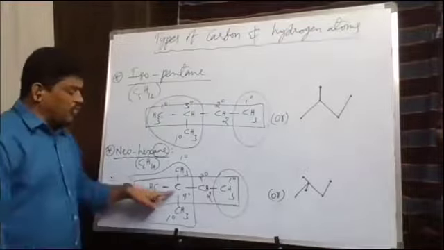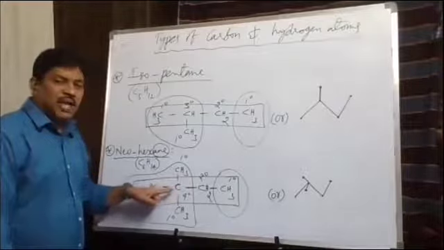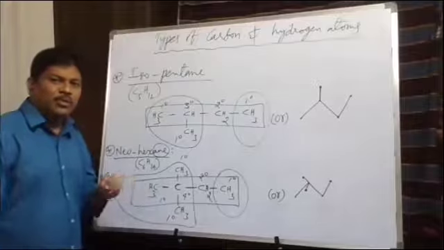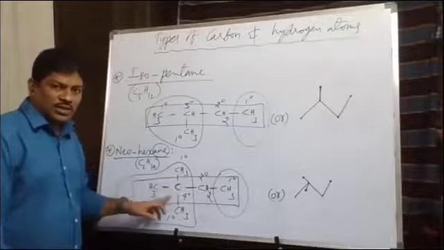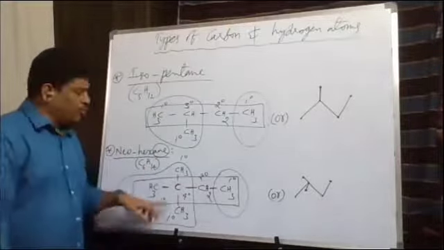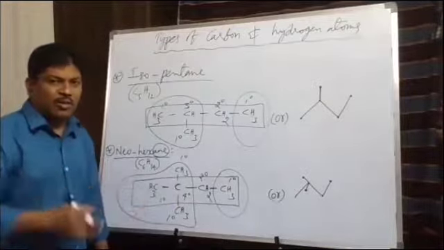But if you take a 4 degree carbon, this carbon already has 4 bonds around it, and carbon is a tetravalent atom. Carbon forms only 4 bonds maximum. So there is no chance for a hydrogen to be present on a 4 degree carbon. So the 4 degree hydrogens are not available.